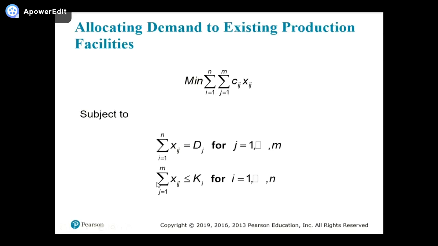Right, so it's only the variable cost involved in assigning supply to demand. And again, we also want to make sure that all demand is met and each production facility's production does not exceed its capacity.